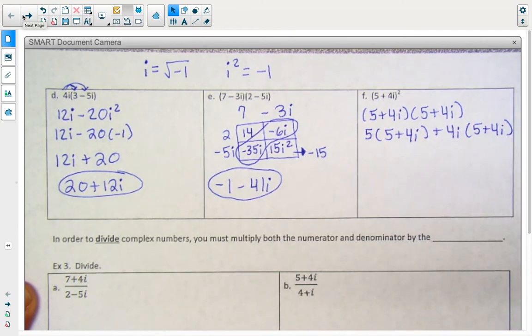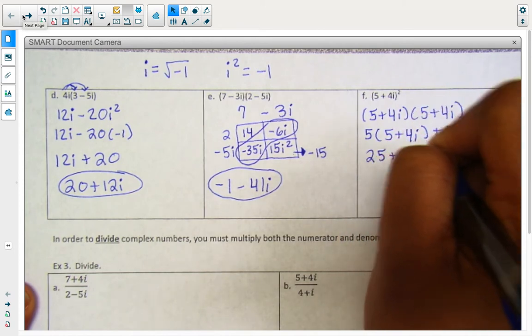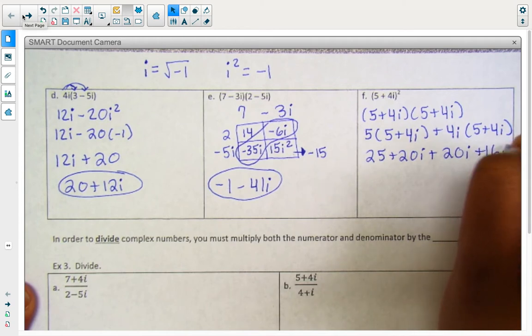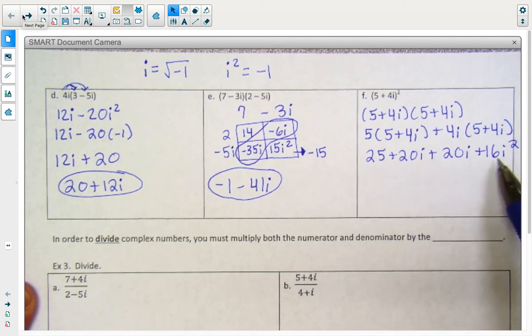Now that I've set it up, I'll actually go through and multiply. This is going to give me 25, 20i, another 20i, and then 16i squared. I'm going to change this i squared to -1, which is going to make this term a -16.